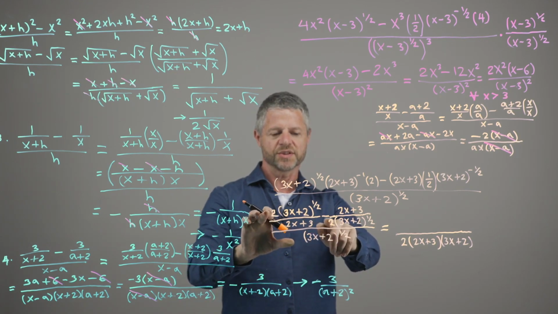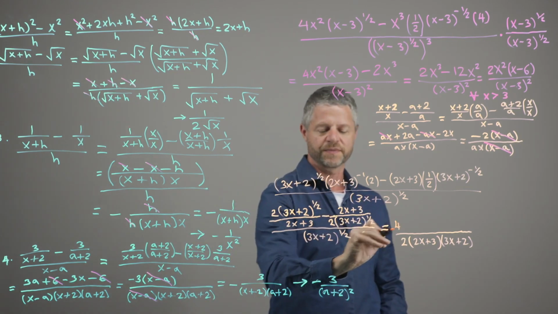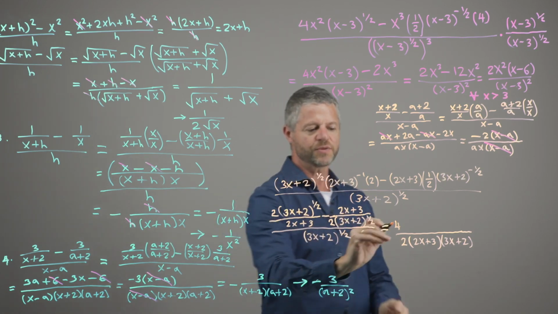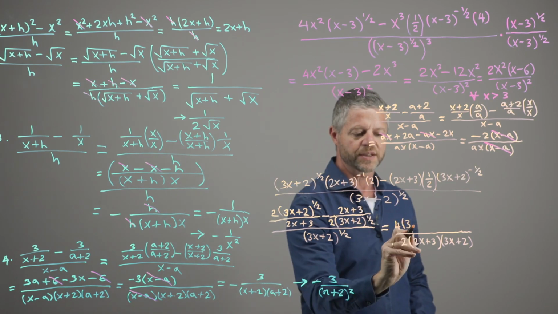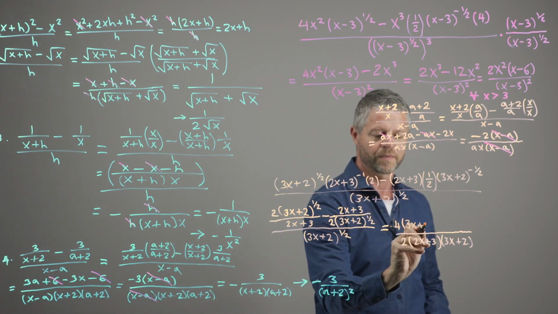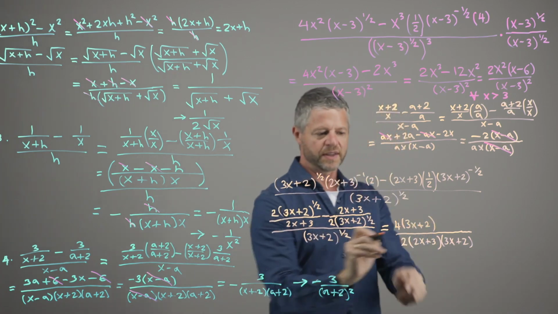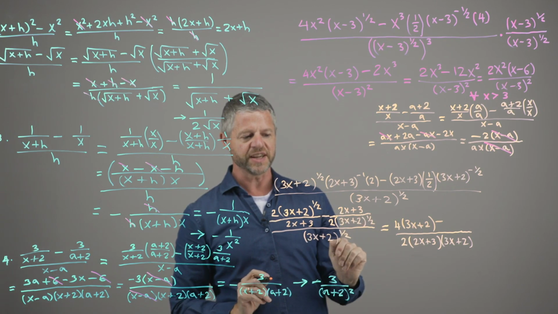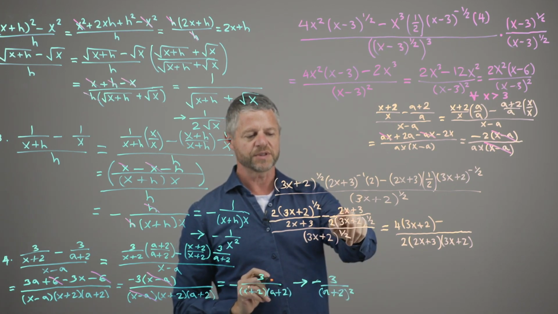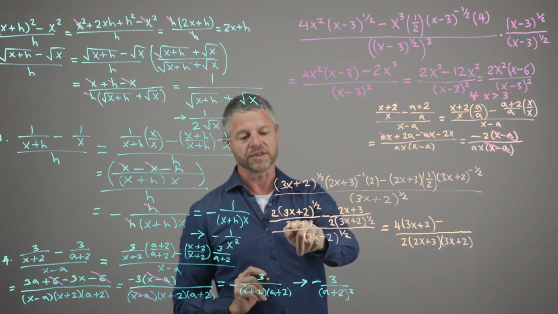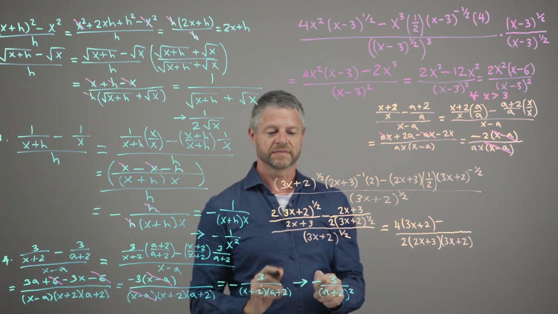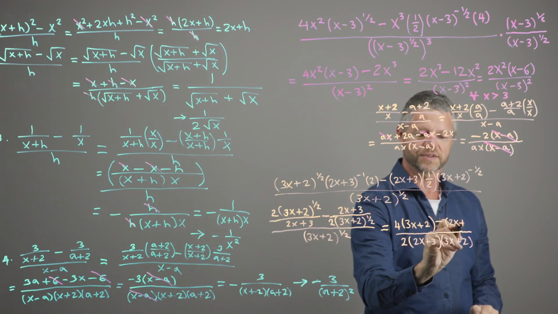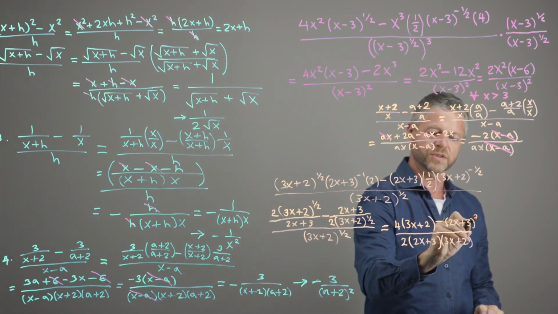So the two 2's will become 4, and the (3x + 2)^(1/2) times (3x + 2)^(1/2) will become 3x + 2. And then I'm subtracting. So here I've got 2x + 3, and I need to multiply that by another 2x + 3. So (2x + 3) squared.